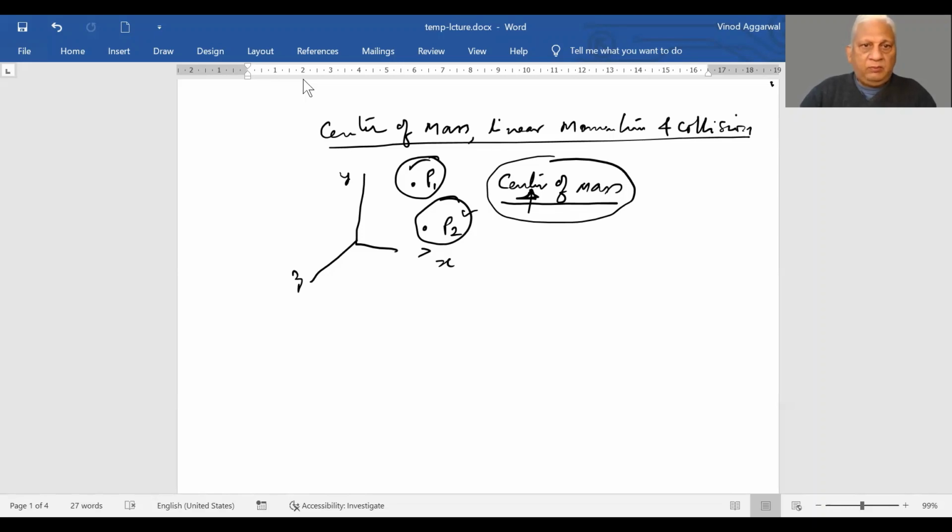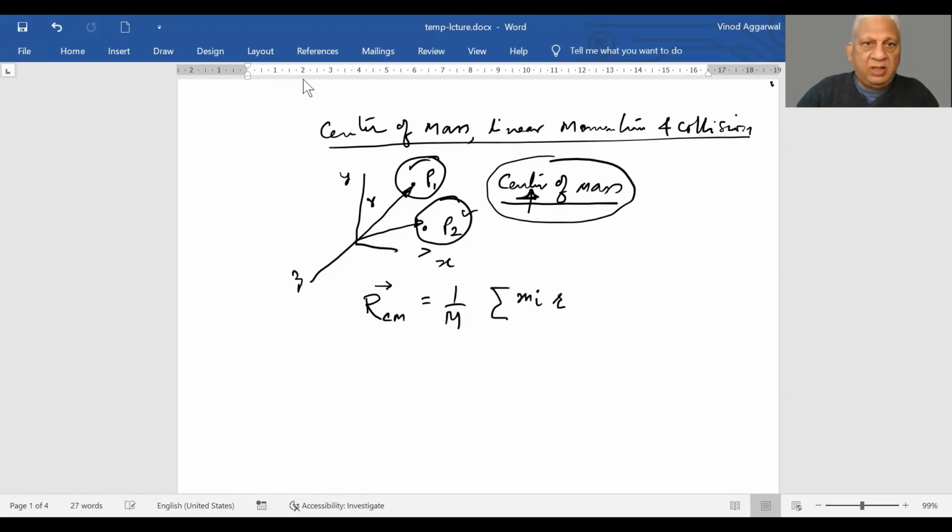Now, we can define center of mass as, it's a vector because it's a position vector, equal to what we do: we take all particles with their respective masses and their coordinates, the distance from a fixed coordinate.